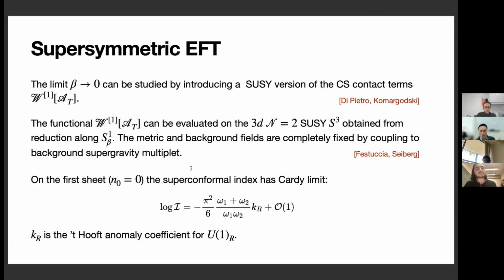And in particular, on the first sheet, where we don't perform any shift of the fugacity, we know that the superconformal index has this Cardy limit, where k_r is the 't Hooft anomaly coefficient for the U(1)_R symmetry, which, as I said, is always present for this superconformal field theory.